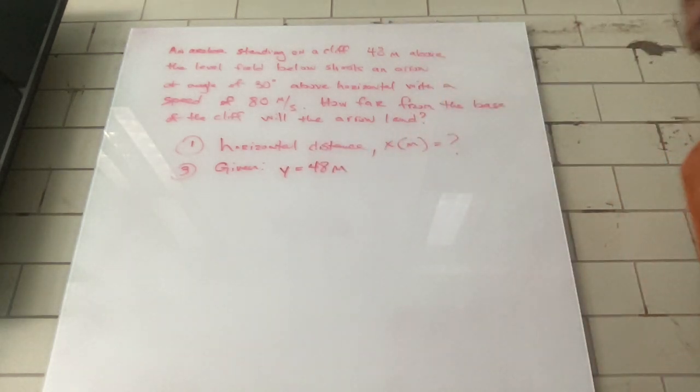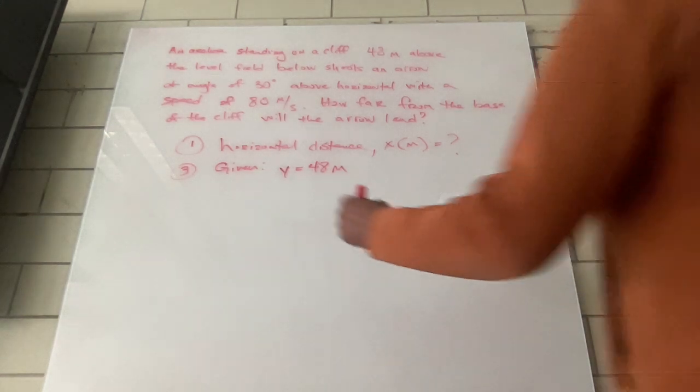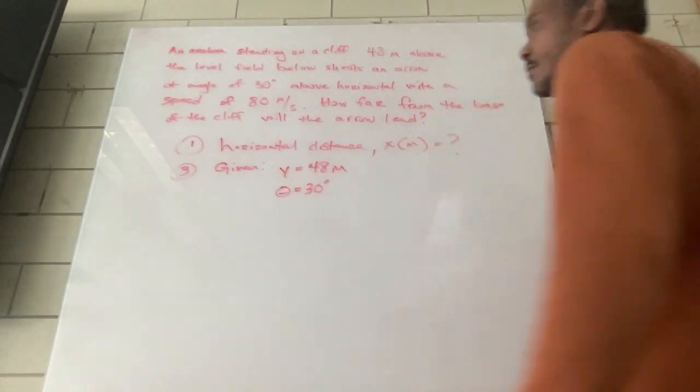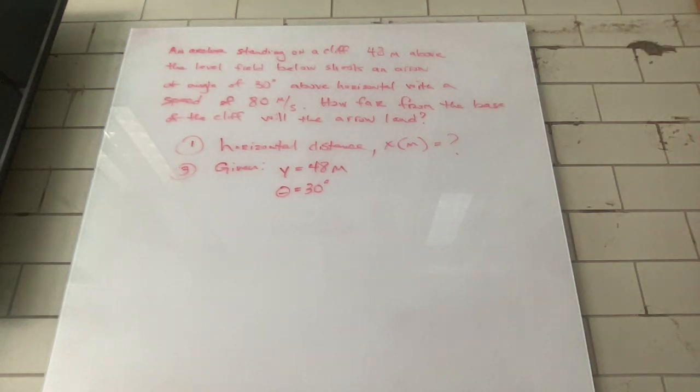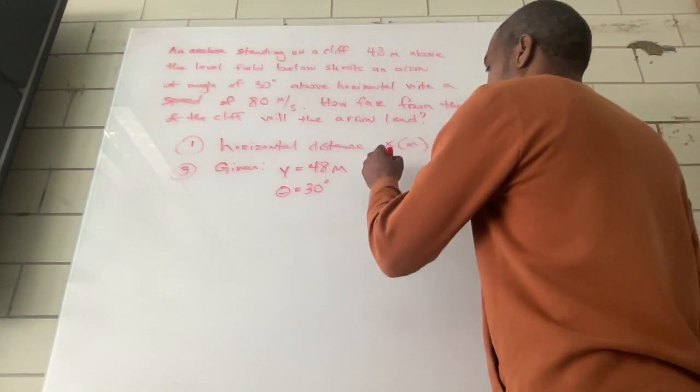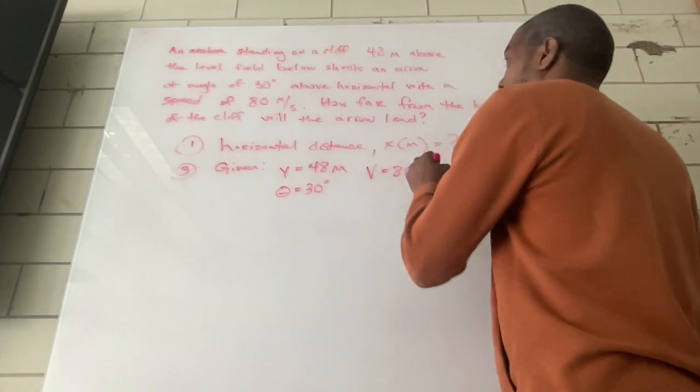What else? Even though it's at an angle, we have a theta of 30 degrees. And what else? Speed. We have a V of 80 meters per second.